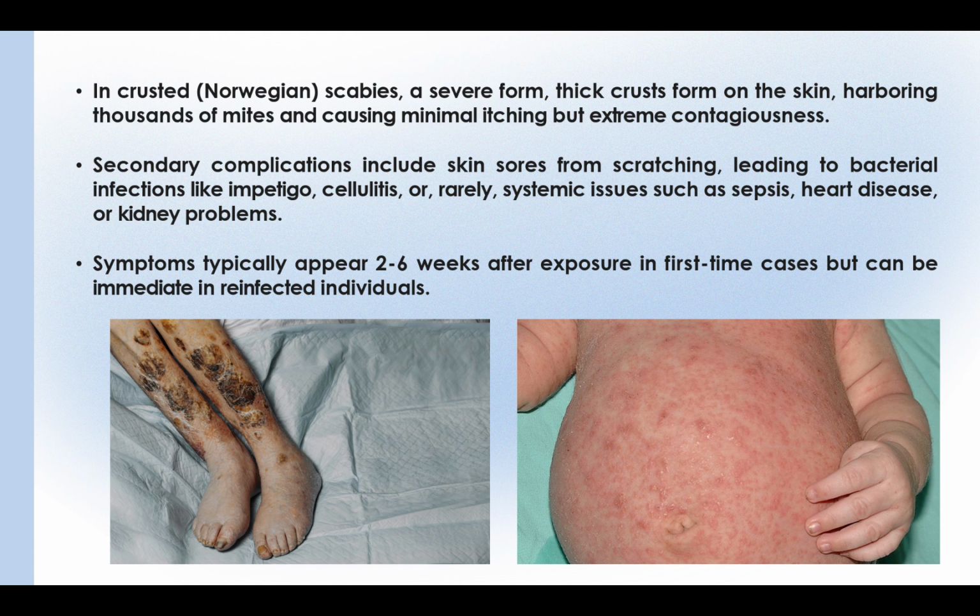It causes minimal itch but extreme contagiousness, seen in immunocompromised patients like those with HIV or the elderly. Secondary issues include scratching leading to sores, risking bacterial infections like impetigo, cellulitis, or rare systemic problems such as sepsis, heart disease, or kidney issues. Symptoms take 2 to 6 weeks to appear in first exposures but hit immediately in reinfected folks.